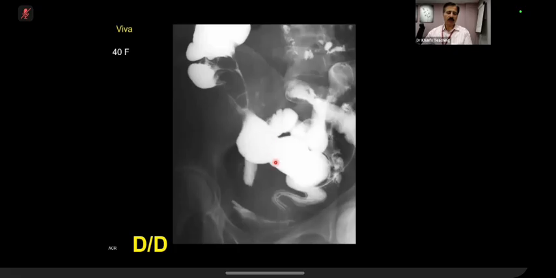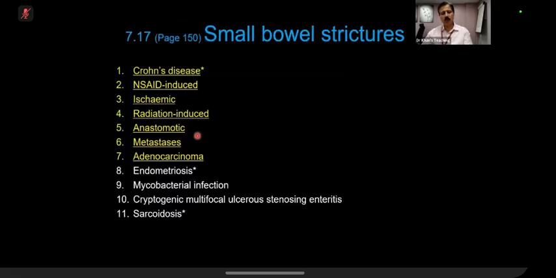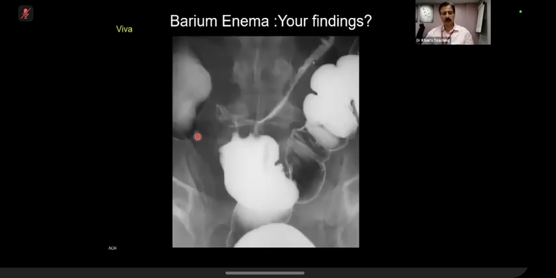So this is a case. I'll show you various examples of fistulas on various modalities, because they are classical for your exams. I want to develop your eyes, and I'll show them on barium, CT and MR.